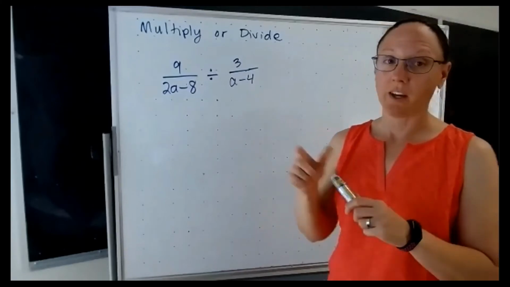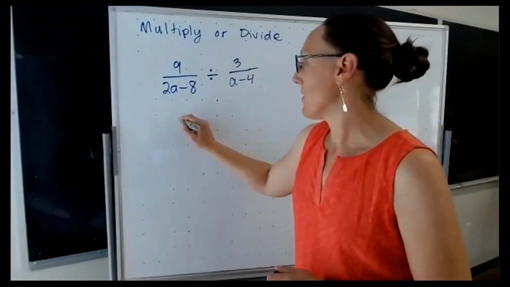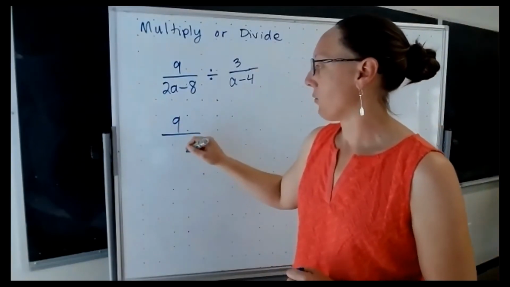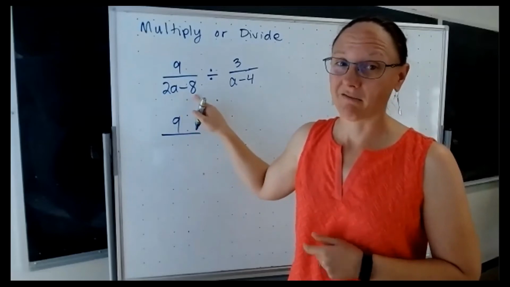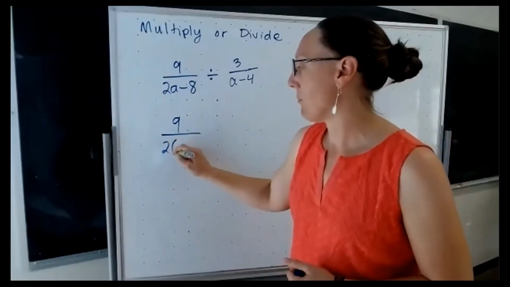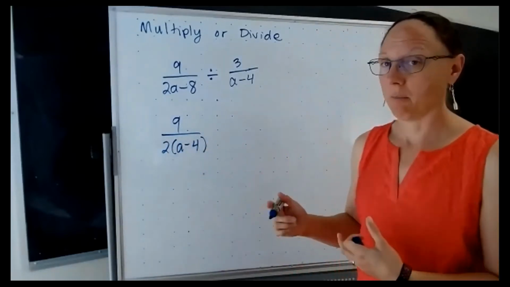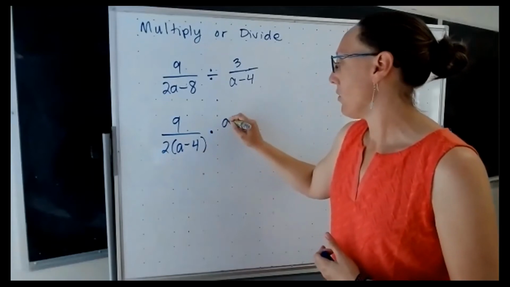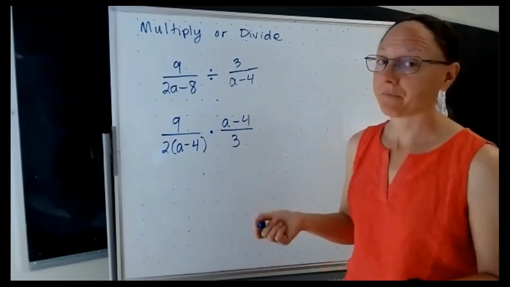Very first thing I'm doing, if I've got that division symbol, I'm going to rewrite this. So I'm looking at 9 over, I need 2 steps at once. I might as well factor a 2 out here because I can already see that there's a 2 that I can pull out. Save myself from writing it another time. Over here, I'm going to have a minus 4 over 3.